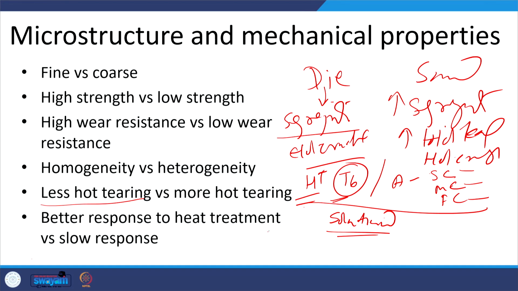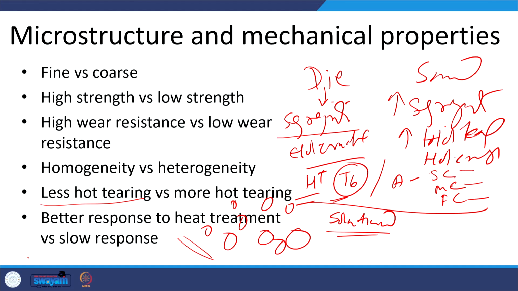If we have coarse grains, coarse precipitates and coarse phases, it will take a longer time to form the homogeneous austenitic state or homogeneous solid solution state in the T6 treatment, and that long time will require a greater soaking time at a higher temperature followed by the desired cooling rates.